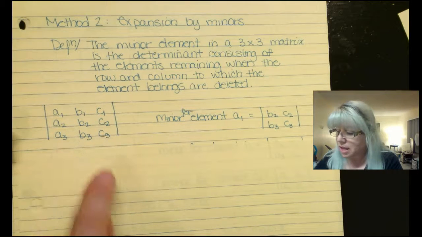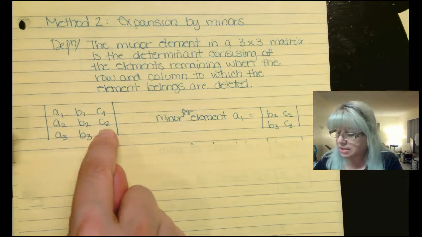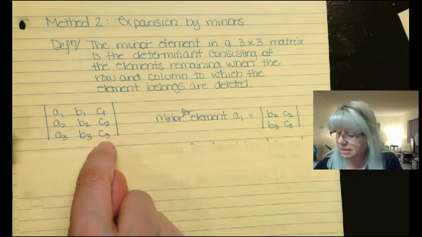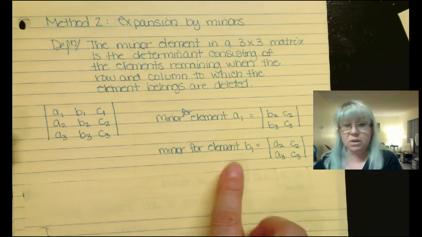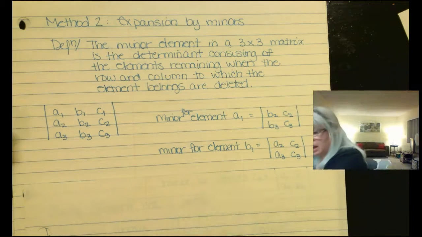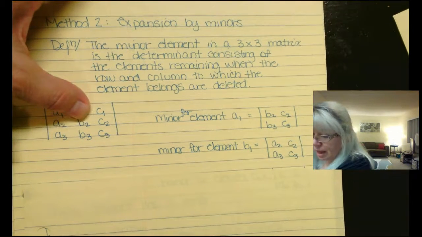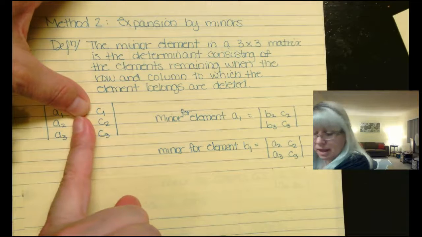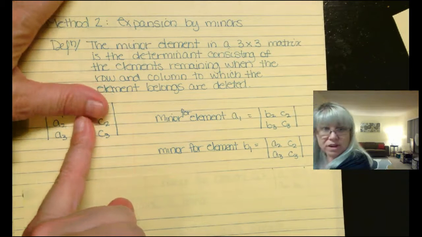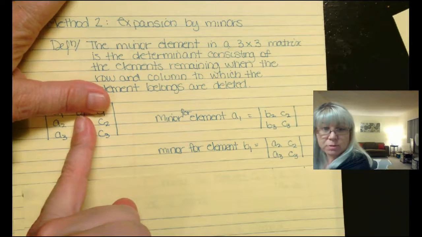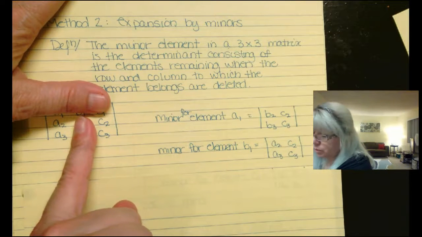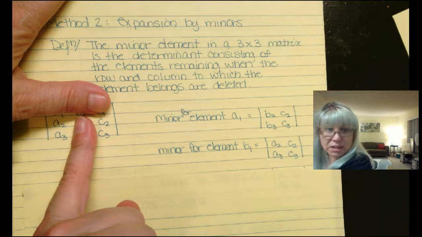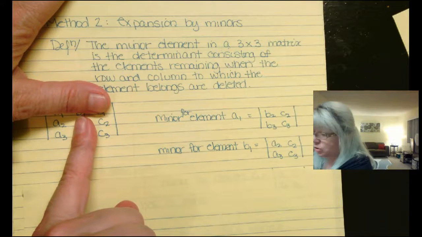So it's the determinant of B2, C2, B3, C3. The minor for B1 means I cover up B1 and that column and that row, and whatever is left over, if I take the determinant of that, that's the minor of B1. So it would be the determinant of A2, A3, C2, C3.